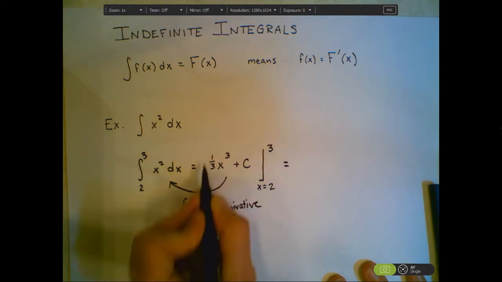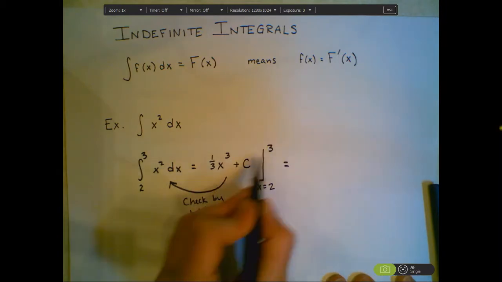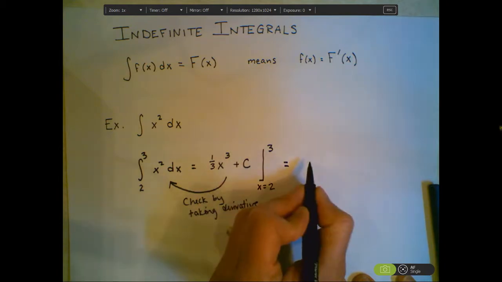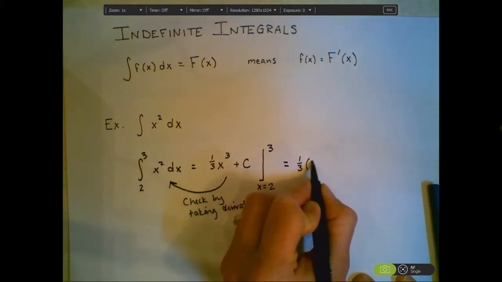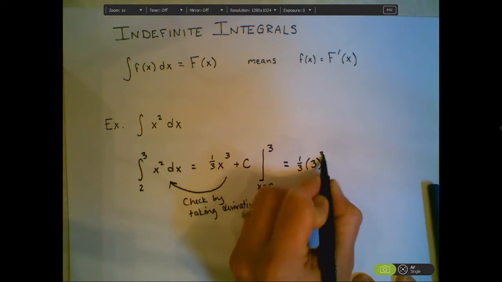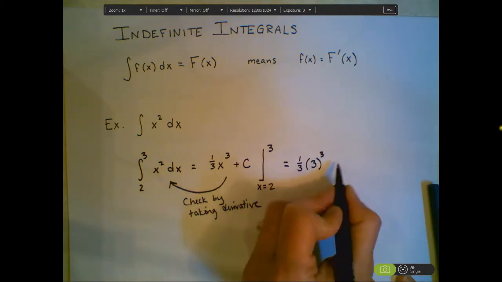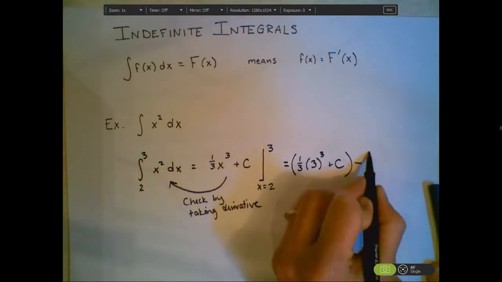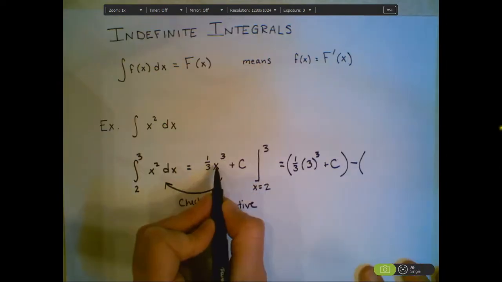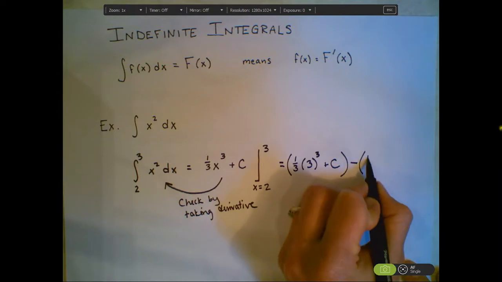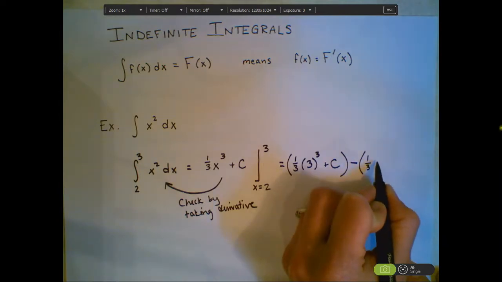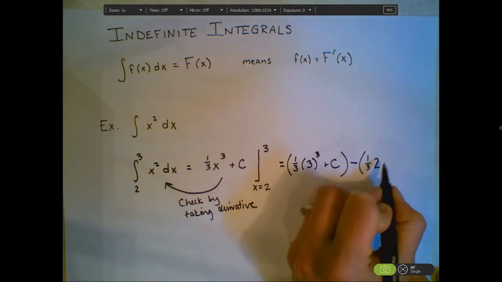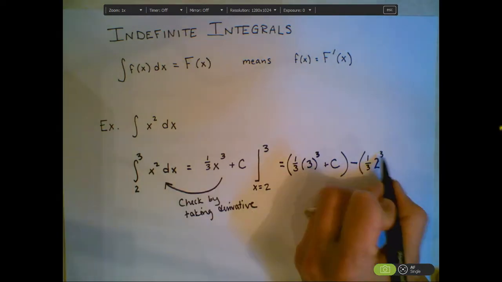Plugging in the 3 value first, we get 1/3 of 3 cubed. That's 27 divided by 3, which is 9, plus c, all minus 1/3 of 2 cubed plus c.